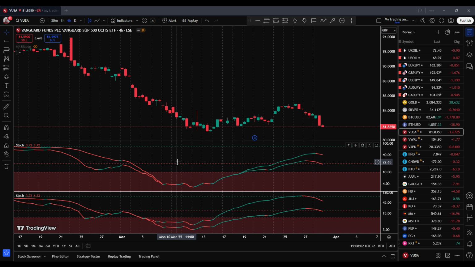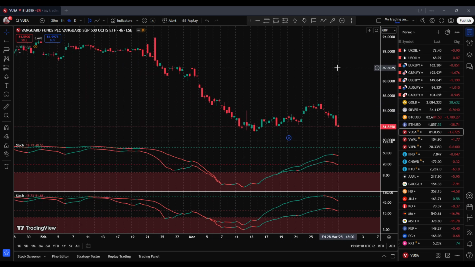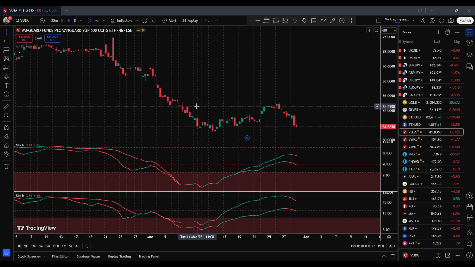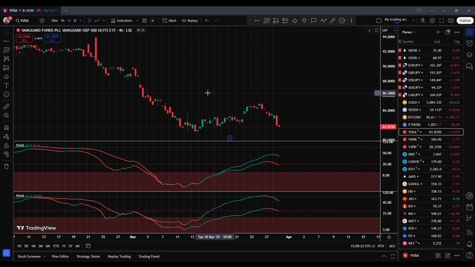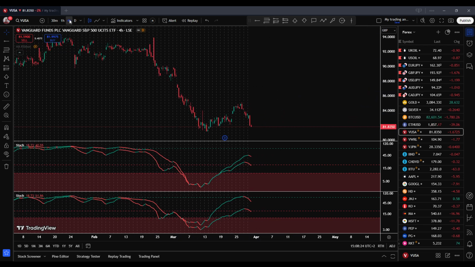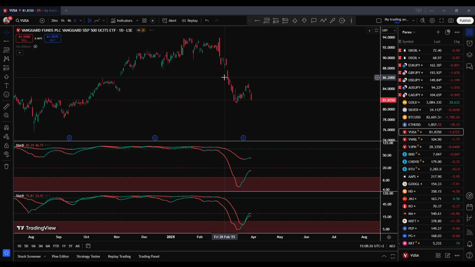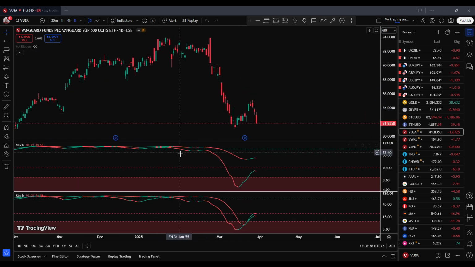Then again, on Monday 10th of March, oversold, change in trend. Again on Wednesday, and again on Tuesday. Overall, here and even now, for me, is a good time to invest in Vanguard S&P 500 on the 4-hour time frame. On the daily, nothing interesting.